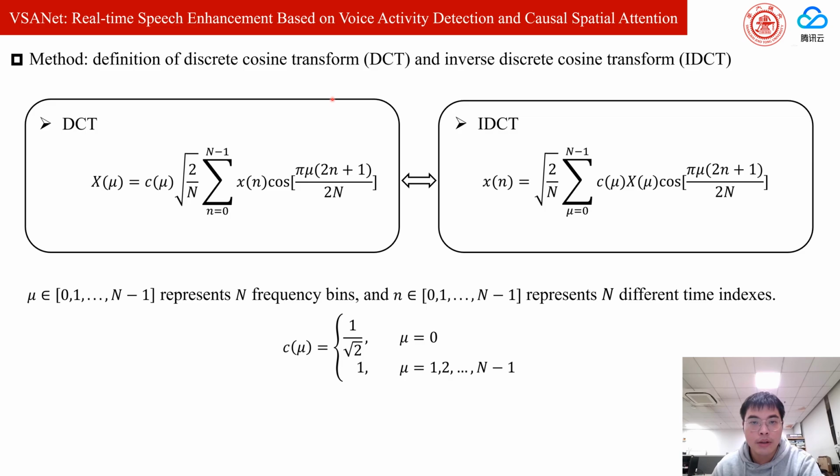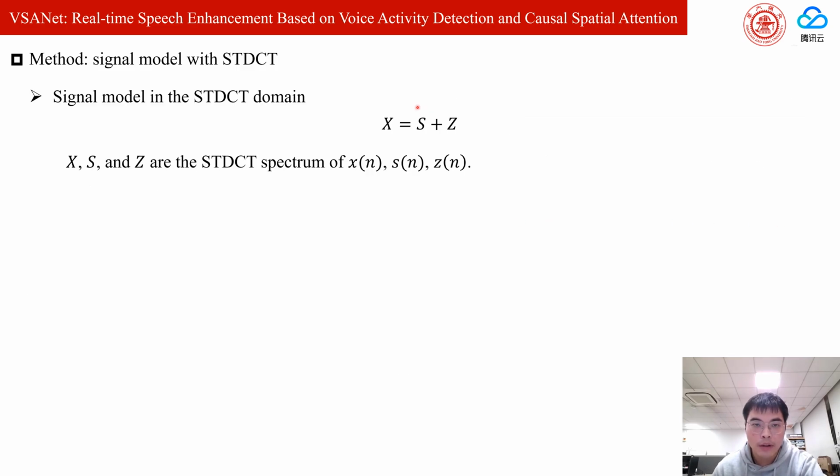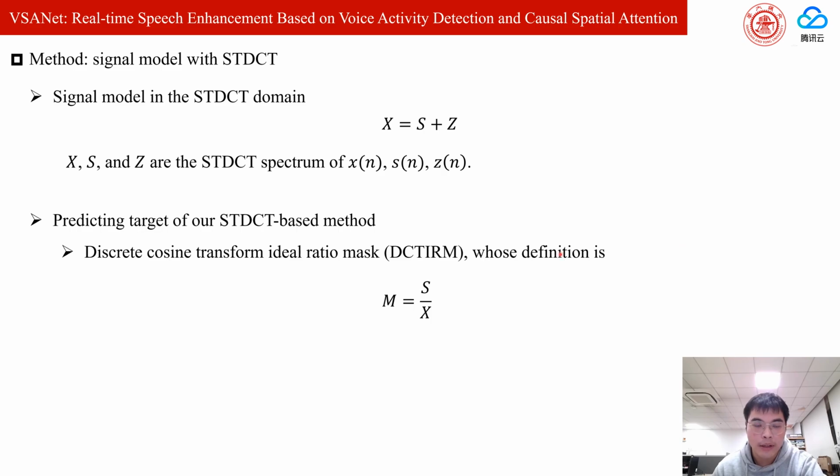The definitions of discrete cosine transform and inverse discrete cosine transform are presented in this page. In these two formulas, mu represents the frequency bin and n is the time index. Therefore, the above signal model can be rewritten in the STDCT domain as here. Subsequently, the predicting target of our STDCT-based method is the discrete cosine transform ideal ratio mask.